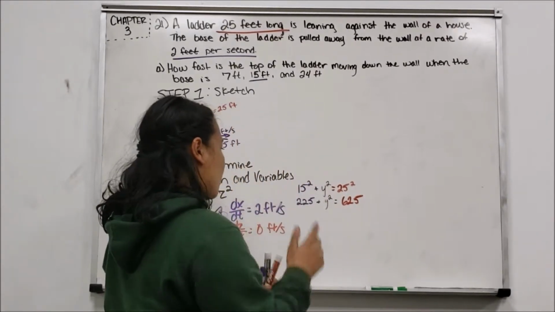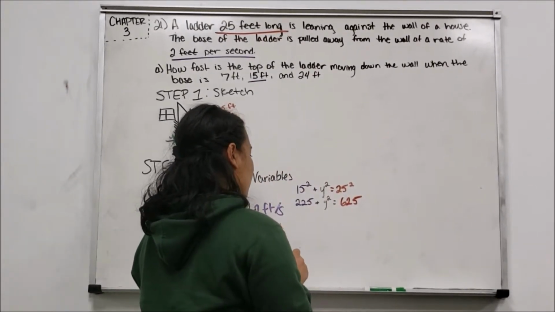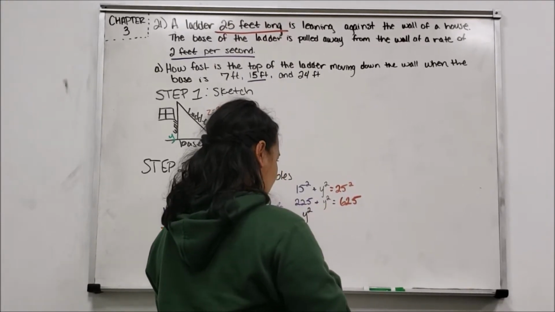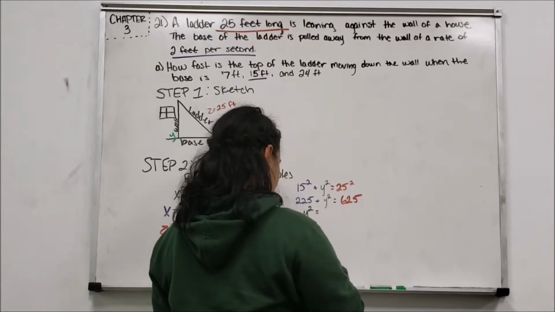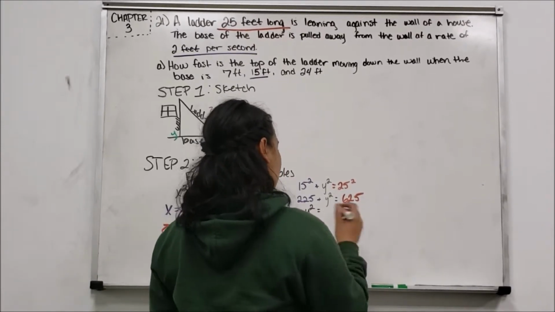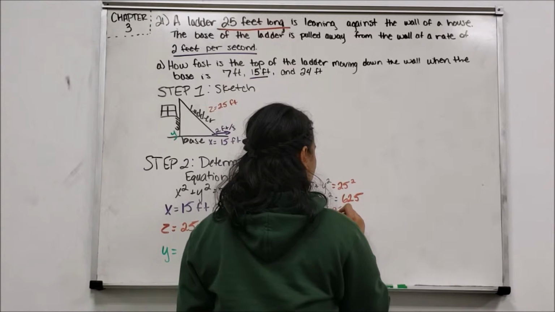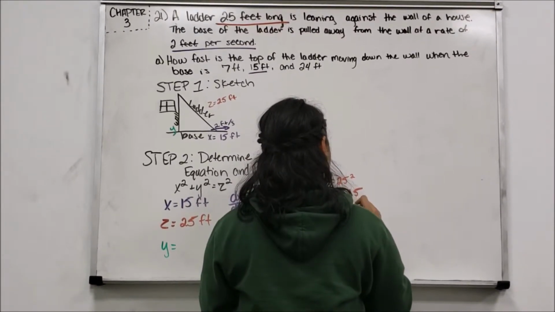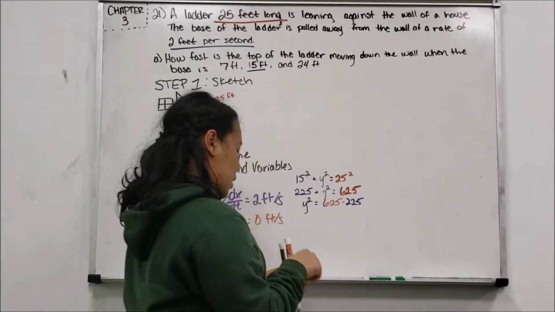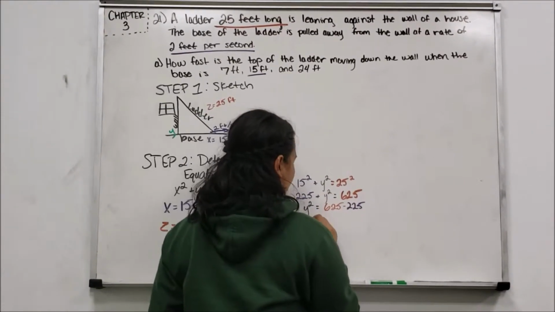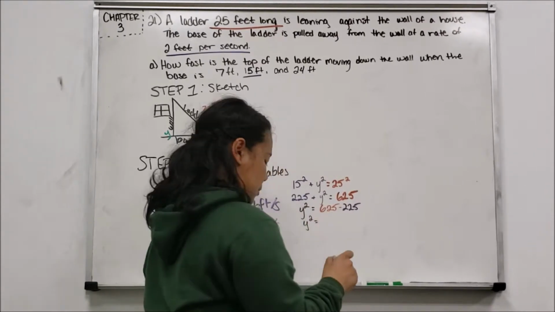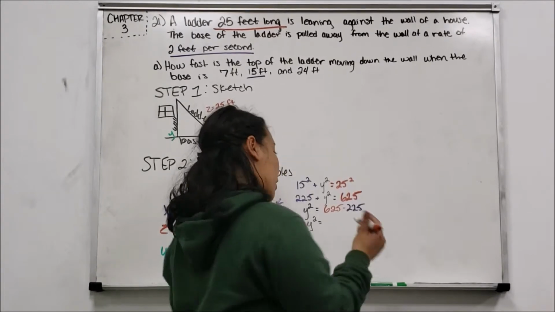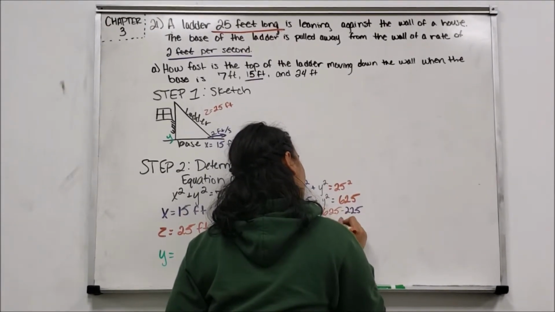All right. Now we just subtract everything over to the other side. Keep y squared here. y squared equals 625 minus 225, which is 400.